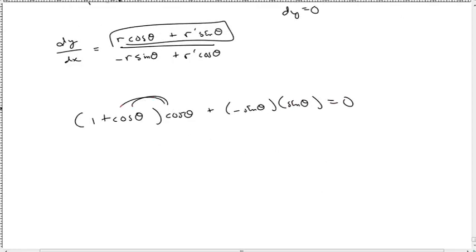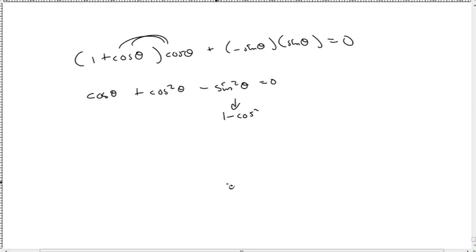And so if you distribute your cosine here, you get cosine theta plus cosine squared theta minus sine squared theta is equal to 0. I remember that this here is its own formula, 1 minus cosine squared. It's another way to write that. So I've got cosine plus cosine squared minus 1 plus cosine squared.